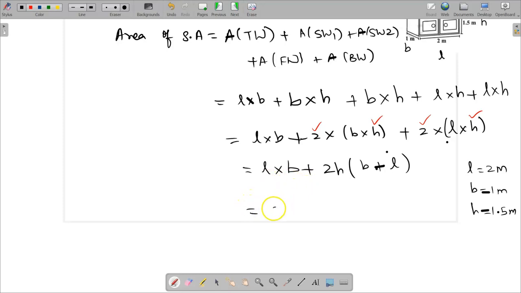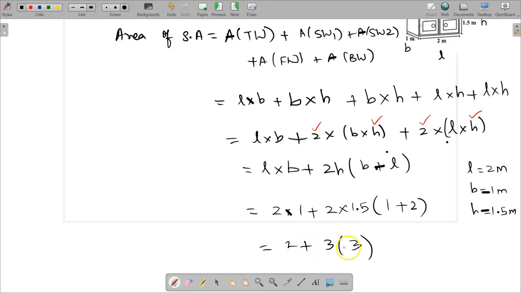So length into breadth is 2 into 1, and then 2 into height, which is 1.5, and breadth is 1, length is 2. 2 into 1 is 2, plus 2 into 1.5, which is 3, and 1 plus 2 is 3.